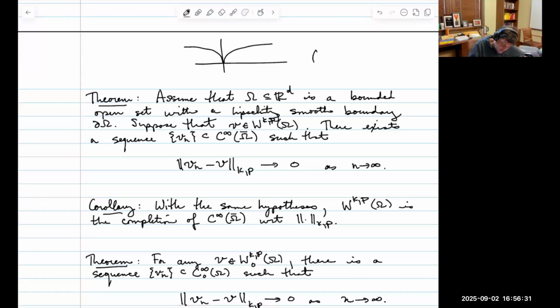So this function, f of x, is going to be equal to the square root of x whenever x is greater than or equal to 0, and whenever x is negative, we're going to take the square root of minus x. So that's that function right here. That function's not Lipschitz. It has a nice sharp corner right there.